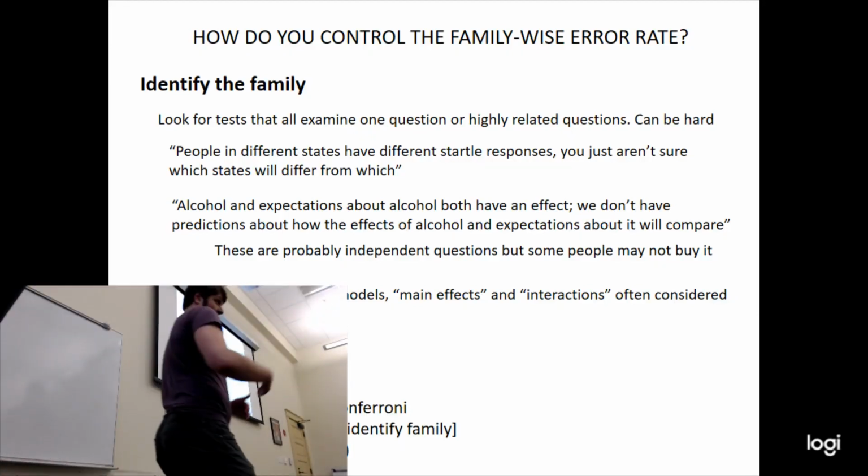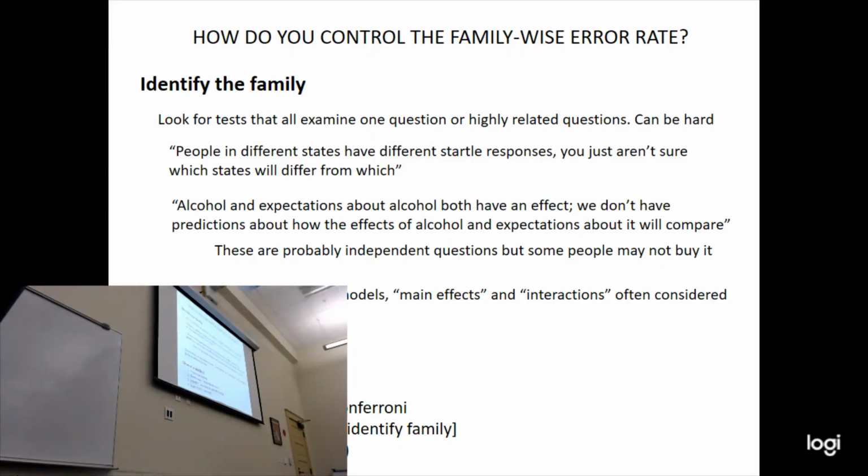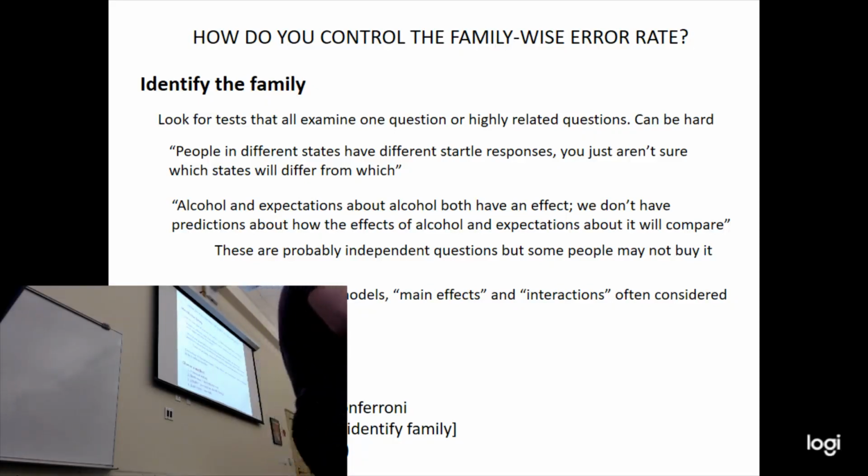Okay, so once you've chosen your family, you have a huge variety of choices for how to do a correction to your alpha level, to make sure that the alpha level for the family doesn't go beyond whatever you set it to be, so maybe 0.05. There are a ton of these.